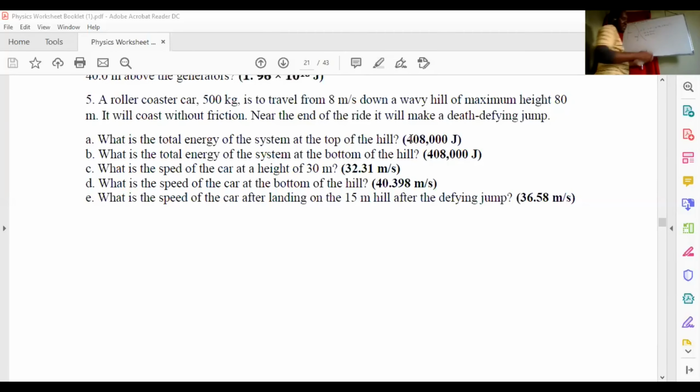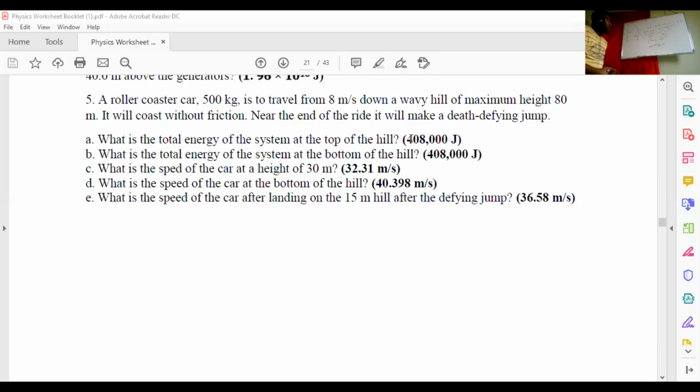The total energy still remains, but the total energy is only equal to KE. So KE is half of 500 v squared, so it's 250 v squared. So we divide by 250. So v squared is equal to 1664, and we find the square root of that, which is 40.79 meters per second.